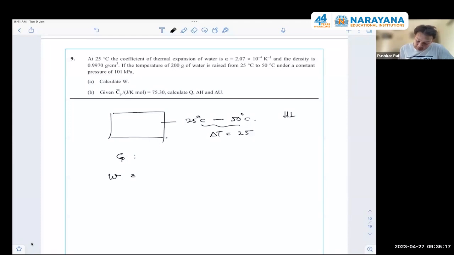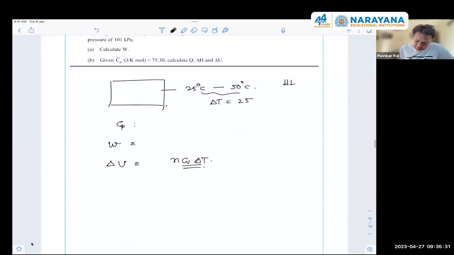This is a special problem where you always write delta U is equal to n Cv delta T. In this question, since Cp is given, Cp into dT is going to be delta H. Can you use this?